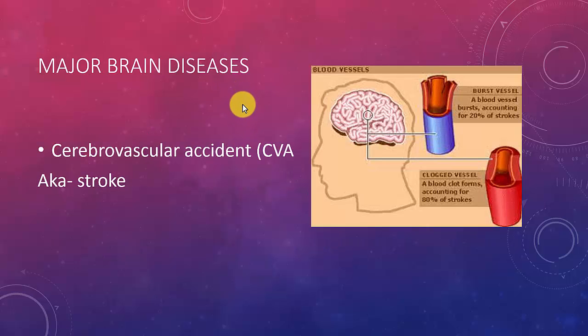And speaking of stroke, we have a couple of slides on different brain diseases, and two ways a stroke can occur are either a burst blood vessel or a clogged vessel. So a burst vessel, what happens here is the lining of this blood vessel gets so weak from wear and tear and from clotting and unclotting and the breakage of the wall of the blood vessel itself.